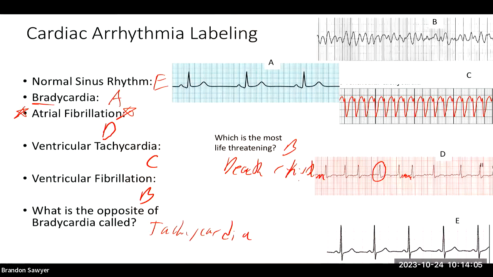So our cardiac output plummets massively, because we don't have any filling time or a strong beat all in synchrony. We don't have any blood going to the brain or to our vital organs. Other questions on that?